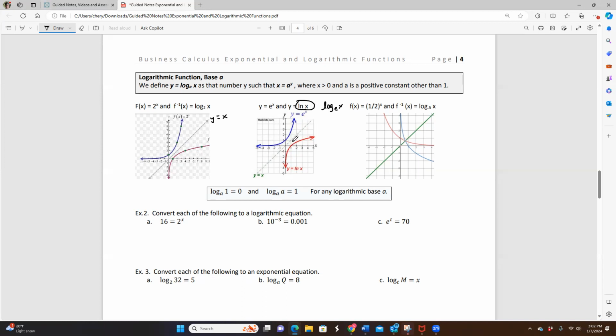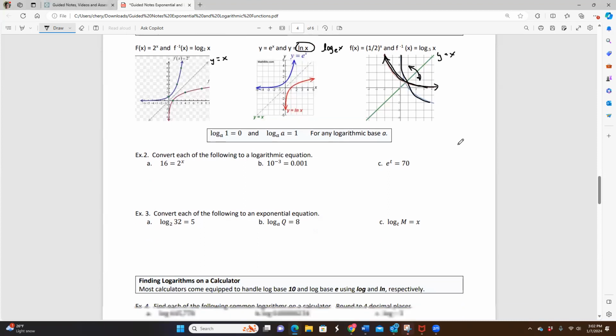And you can see that those two would be inverses because they are reflections over the line y equals x. And here, sorry, I'm not drawing that very well, but this is f of x equals 1/2 to the x power. This would be the log base 1/2. So they are reflections over the line y equals x. So they're inverse functions.